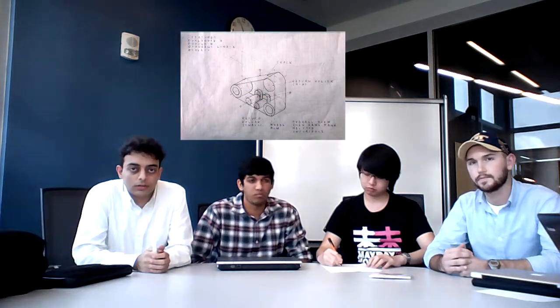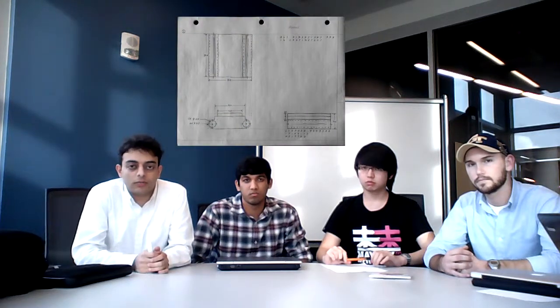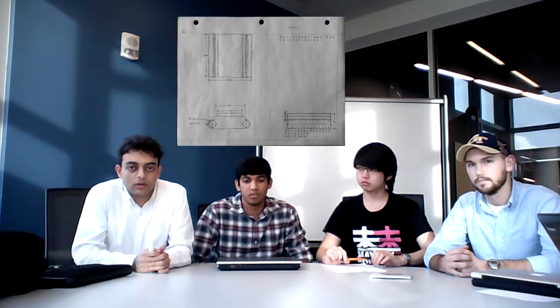So in the first part of the design process, each team member did some research on the parts and the features that we're using in each of the parts. And we started by drawing the isometric sketches and multiples of each individual part and dimension, full dimension of every single part and multiples.